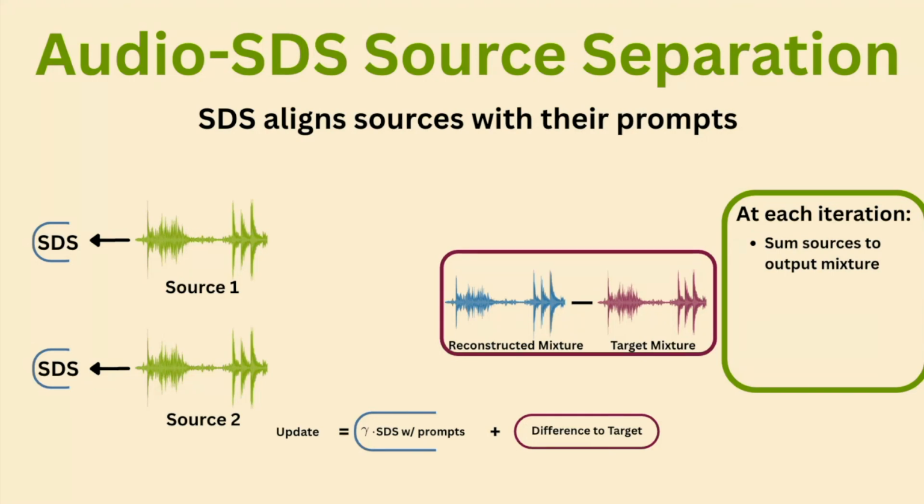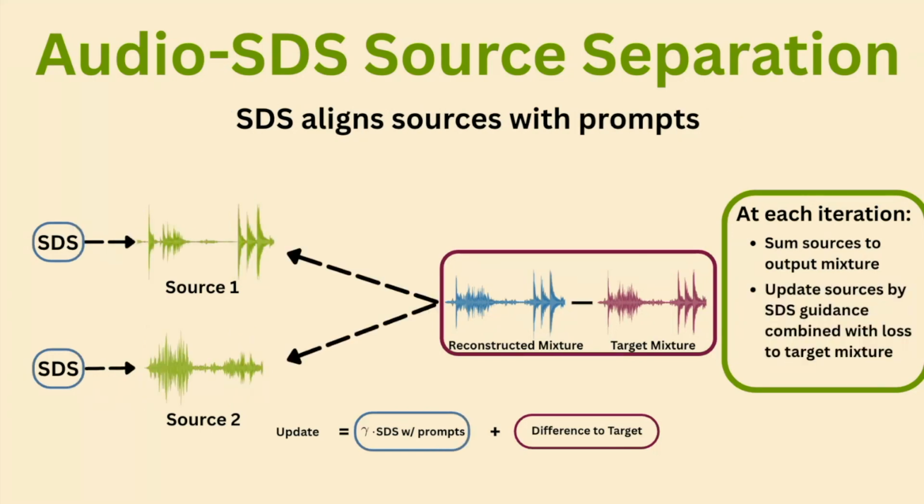We do SDS with the prompts, and we also take the difference to the target mixture. We're going to combine these two things, and then use those to update the sources themselves. Those then get pushed back through the rendering function, which in this case is literally just linearly combining these things.